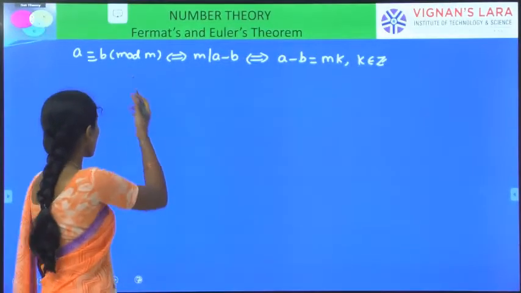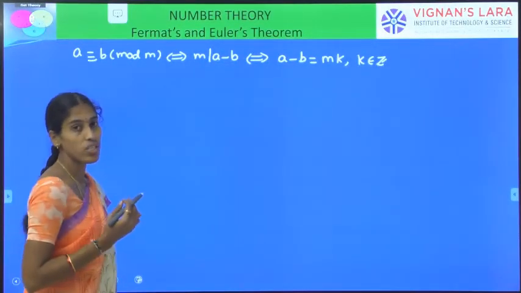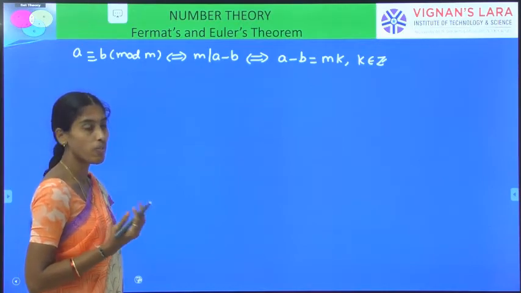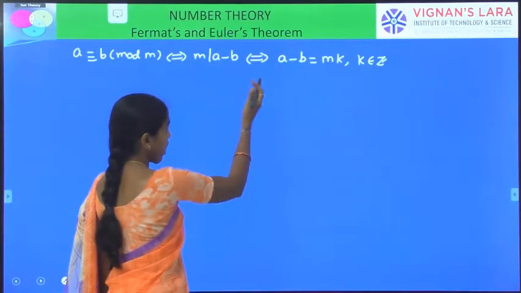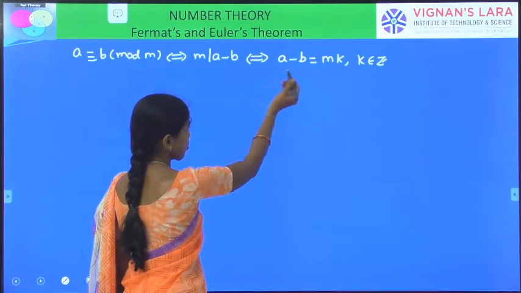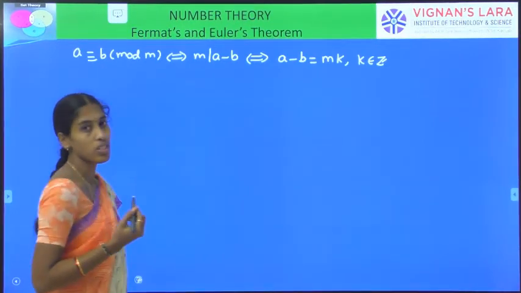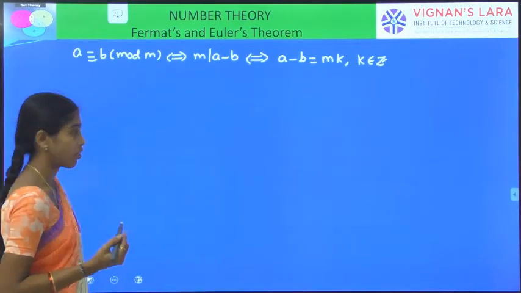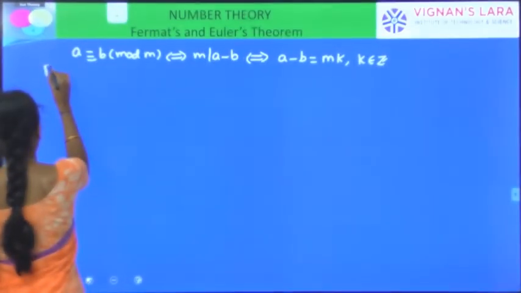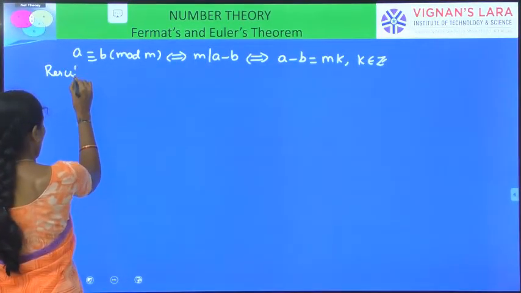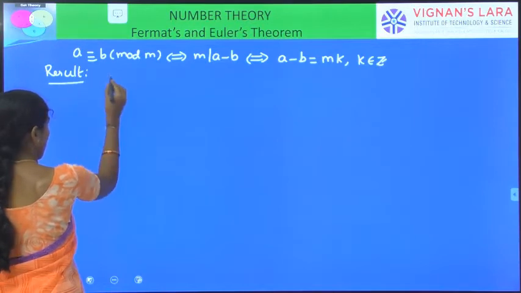To say that A is congruent to B mod M, we say that if and only if M divides A minus B. Otherwise, using the definition of divisibility, we can write it as A minus B is equal to M into K. And also you need to remember one result.